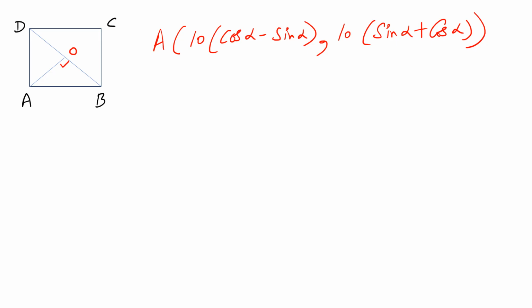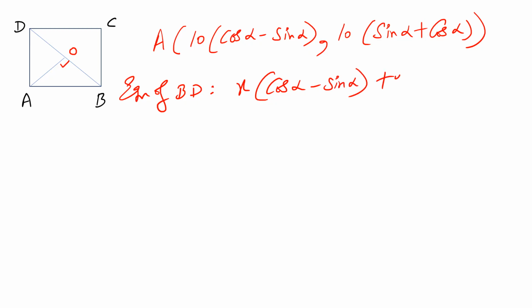Right? Now the equation of BD we have as x into cos alpha minus sin alpha inside the bracket plus y into inside the bracket we have cos alpha plus sin alpha equal to 10. Now just use the formula.